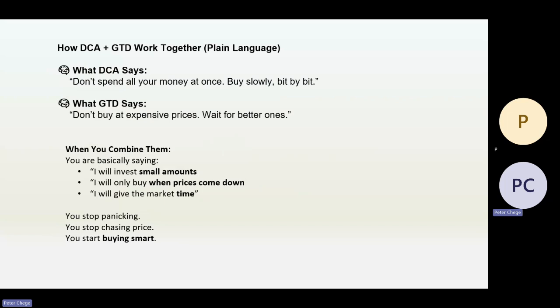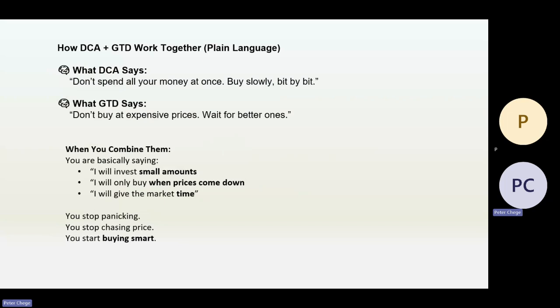What GTD says: I will not buy expensive, I will wait for better prices. I put my order to be in the market for some time.